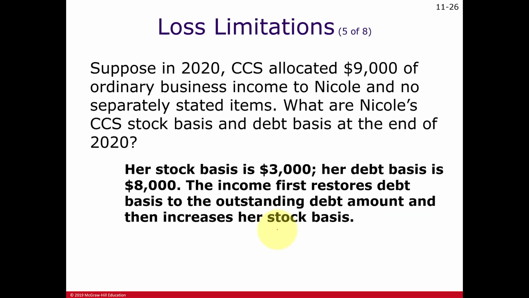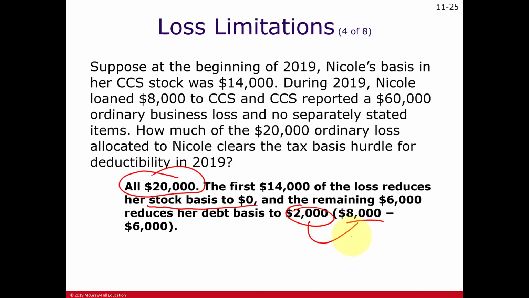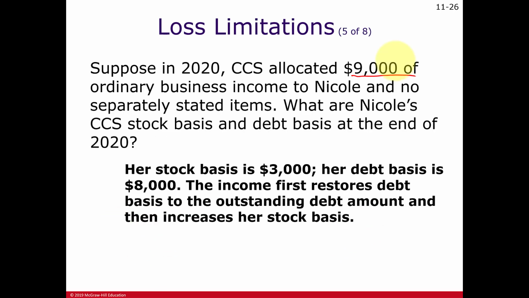Now, let's take a look at the next slide here. Suppose the next year CCS allocates 9,000 of business income to Nicole, and then there's nothing else happening. So she's going to recover her basis first in her debt. We're going to bring that basis up from 2 to 8. So we're going to use 6,000 of the income. Remember, she has to report all of this 9,000 of income as taxable, but 6,000 of it is going to be allocated back to her debt to bring up the debt basis to 8,000.